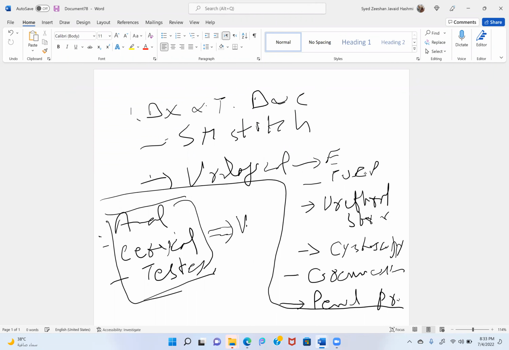Bradycardia? Yes, vagal mediated bradycardia.